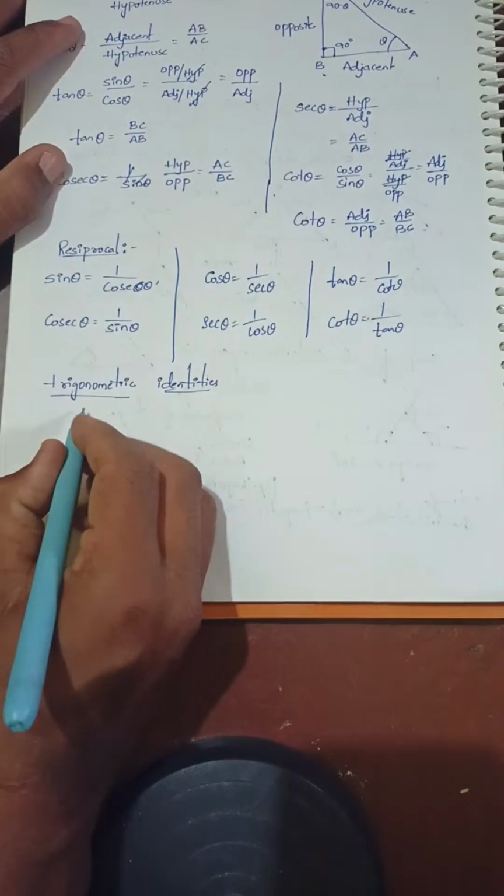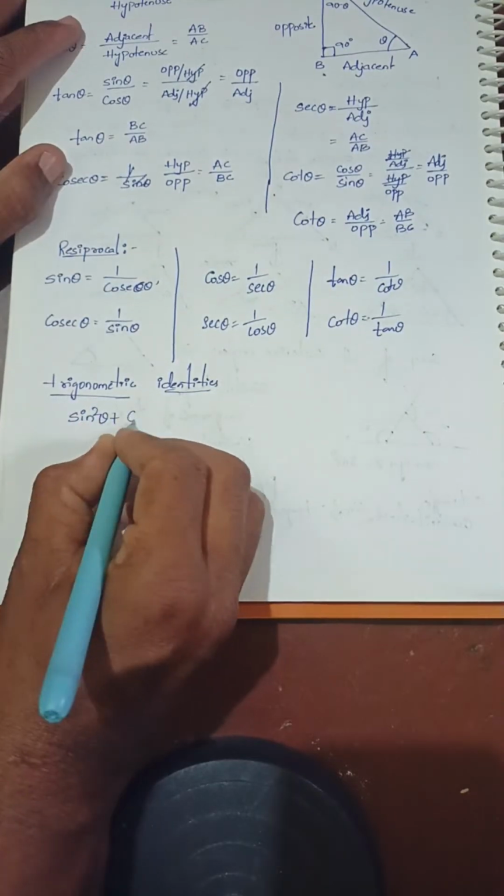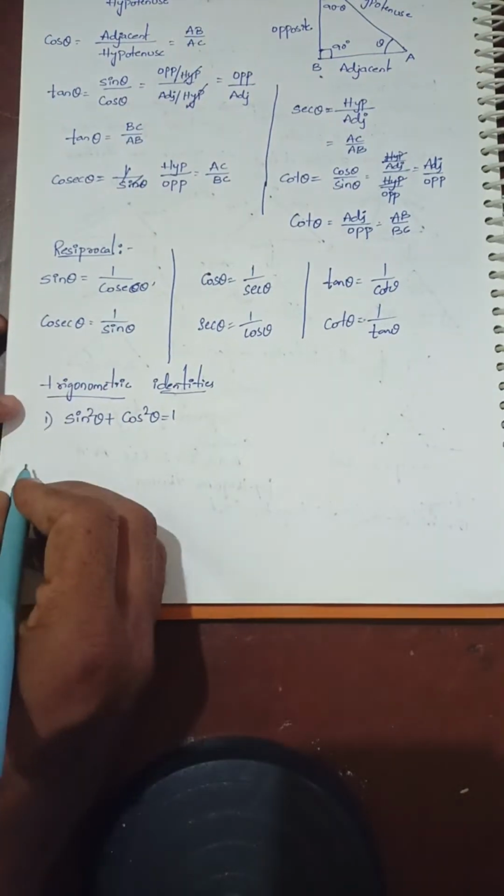What are the 3 trigonometric identities? Sin square theta plus cos square theta is equal to 1. Now see, this is the first trigonometric identity.